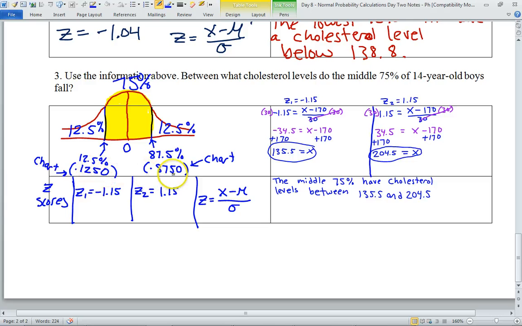We looked for both of these on the chart and we found them, and they corresponded to z-scores of negative 1.15 and positive 1.15. We worked the formulas backwards using each of those z-scores to find the two cholesterol levels that would surround the middle 75%. Kind of a tough problem. Alright, that's all she wrote.